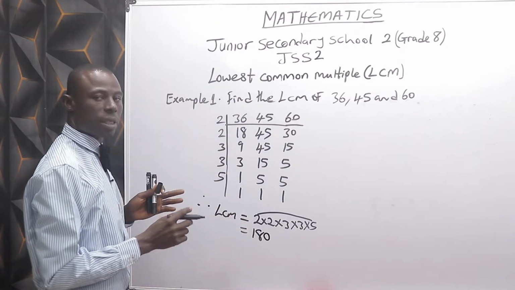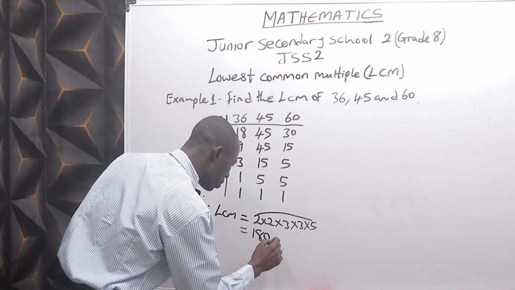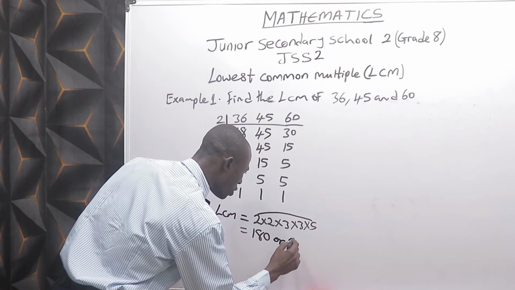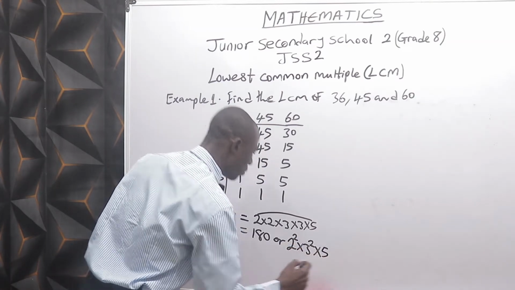That is the LCM. And if we wish to leave it in index form, we say 2 raised to power 2 times 3 raised to power 2 times 5.